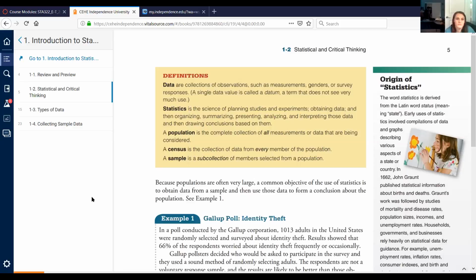So that would be a smaller number, and you would use that data. The purpose of doing these samples is to be able to generalize the results to the entire population. So that's really the major difference here between census and sample.